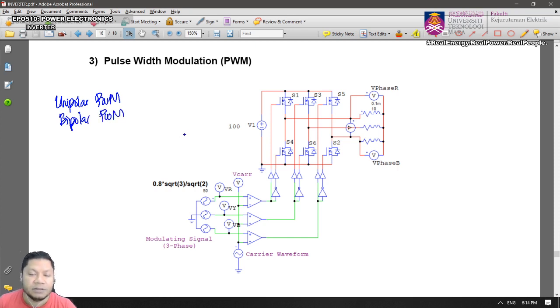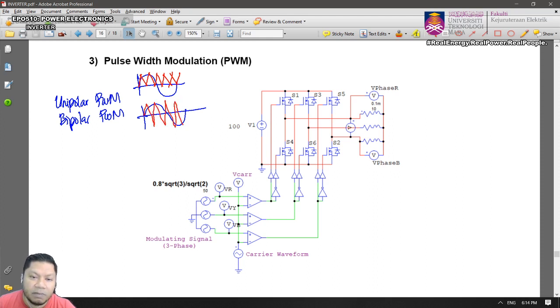For unipolar PWM, you're going to compare the sinusoidal modulating signal with the positive only triangular carrier signal. But for bipolar PWM, you're going to compare the sinusoidal modulating signal with the triangular carrier signal, but it has a positive and negative part.